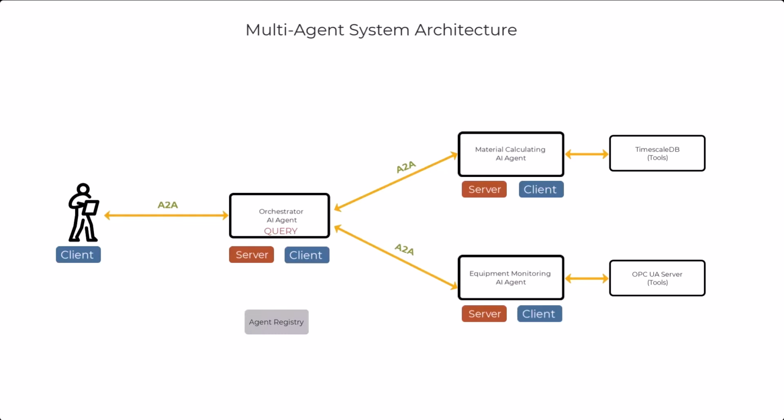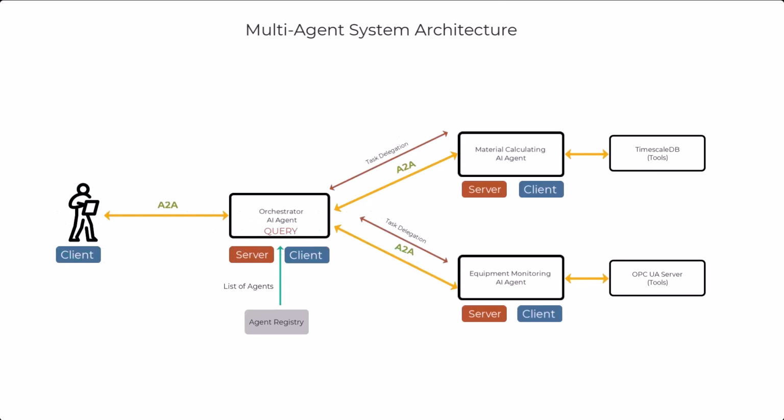The orchestrator maintains an agent registry listing all agents it can reach via A2A. Using this registry, it discovers each agent's capabilities by reading their agent cards from a well-known endpoint. So it knows the equipment monitoring agent can provide material availability and machine status information. It knows the material calculating agent can provide production requirements.